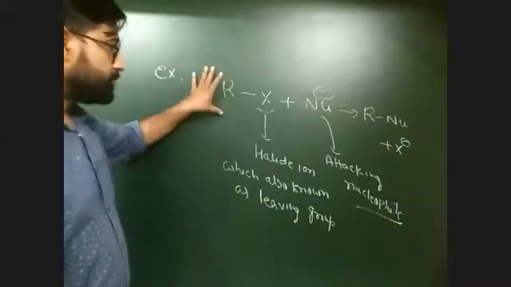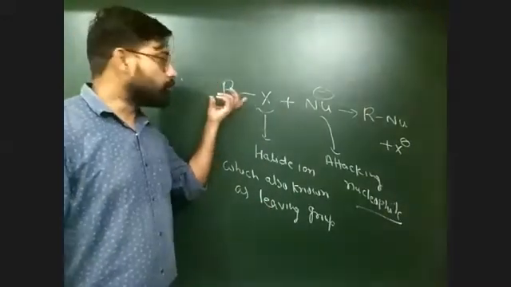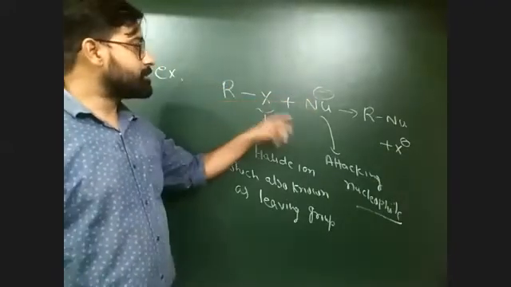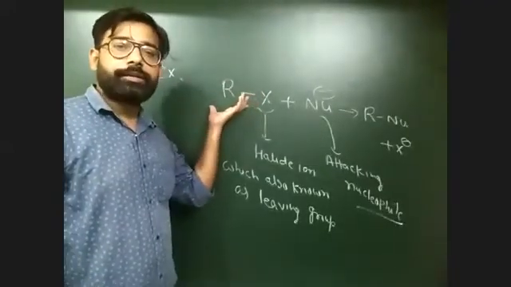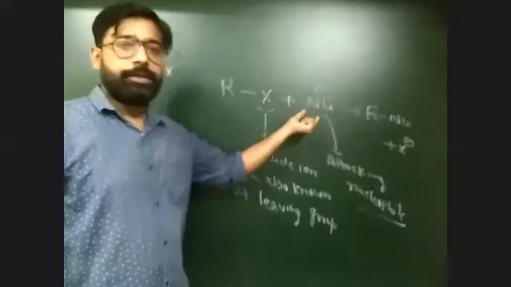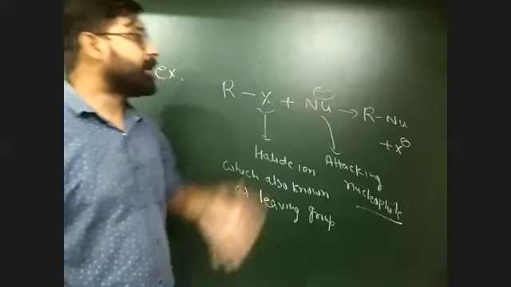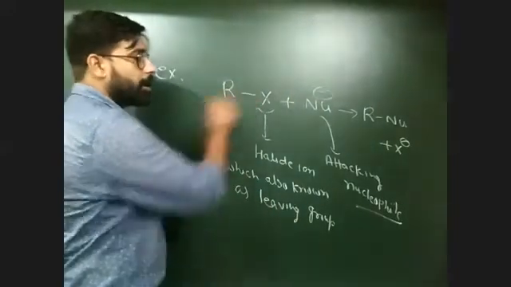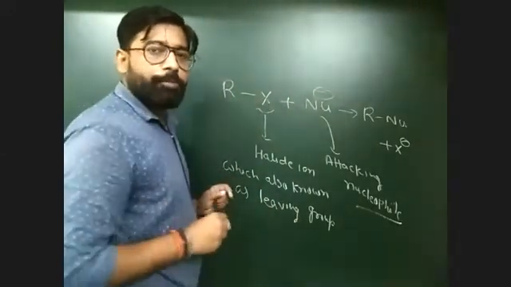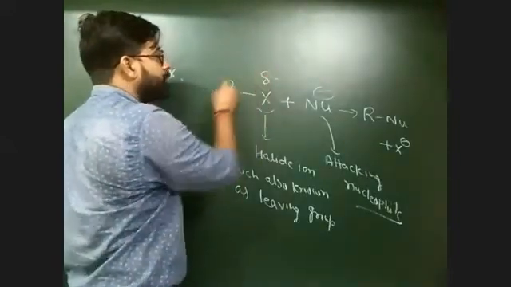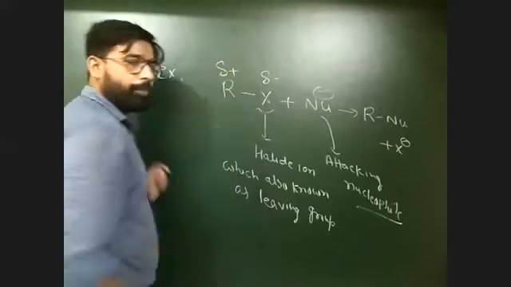So here, that is the alkyl halide, also known as haloalkane. In this reaction, this is the substrate and this is the reagent. So here the reagent is the attacking nucleophile, which attacks because R-X is a polar compound. So here X has a partial negative charge and R has a partial positive charge.